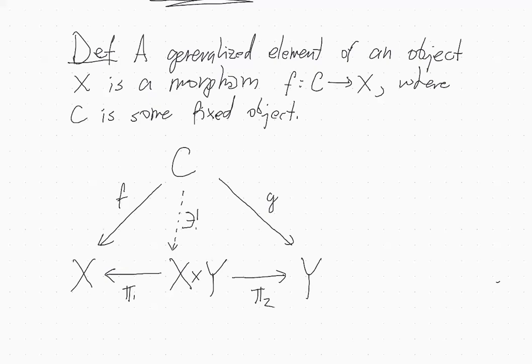And we already said that the uniqueness of this middle map can be rephrased as hom(C, X cross Y) being bijective to hom(C, X) cross hom(C, Y).